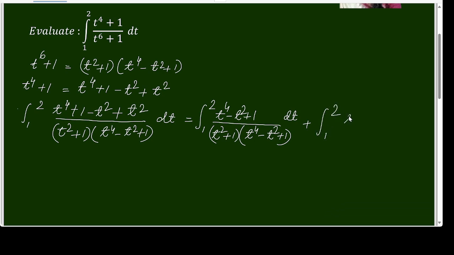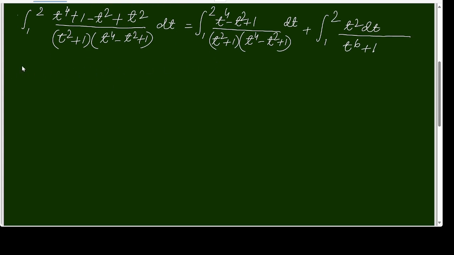So we'll make it into 2 integrals. One is from 1 to 2, (t^4 - t^2 + 1) over (t^2 + 1)(t^4 - t^2 + 1) dt, and in the second one only t^2 is left over these two terms, but I'll keep this in original form.